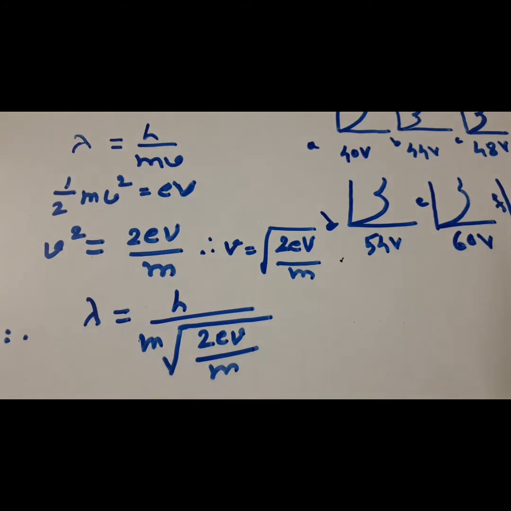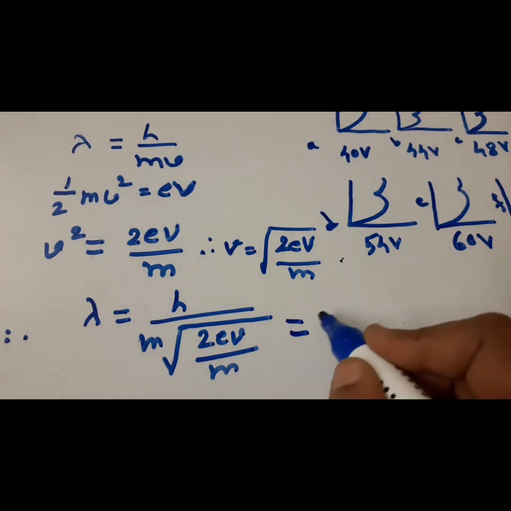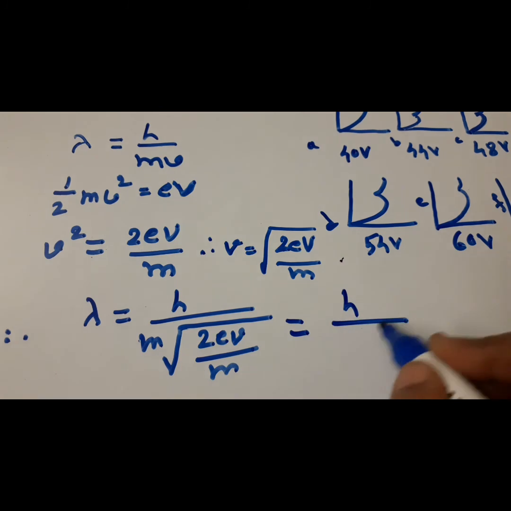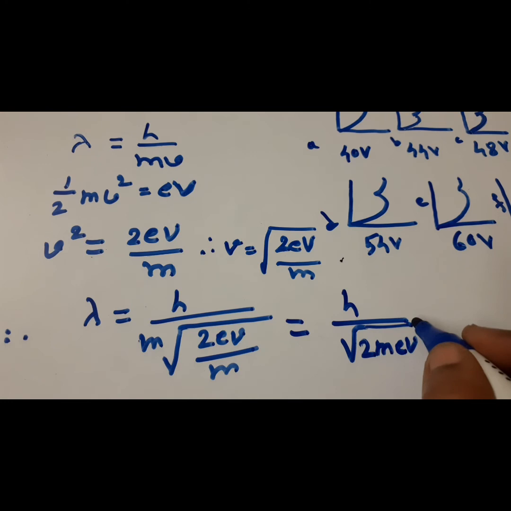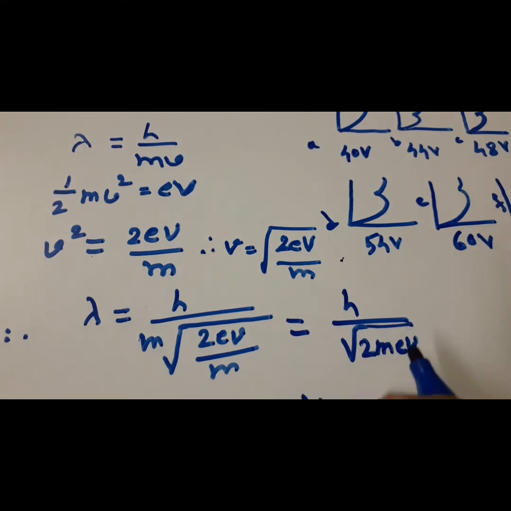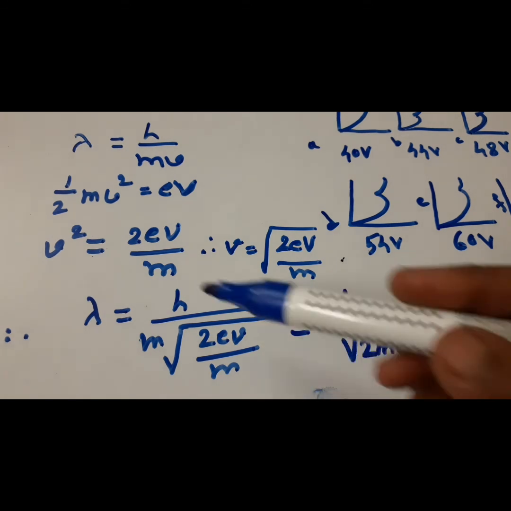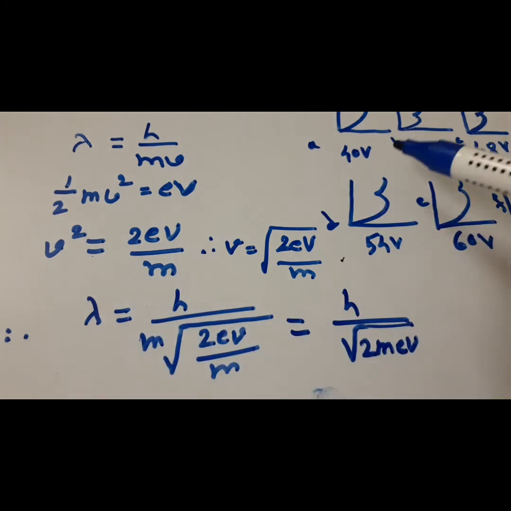Then this equation can be written as h upon under root of 2meV. Therefore, lambda can be calculated. What is our aim here? Our aim is to calculate the wavelength for different voltages, that is 40 volt, 44 volt, 48 volt, etc.